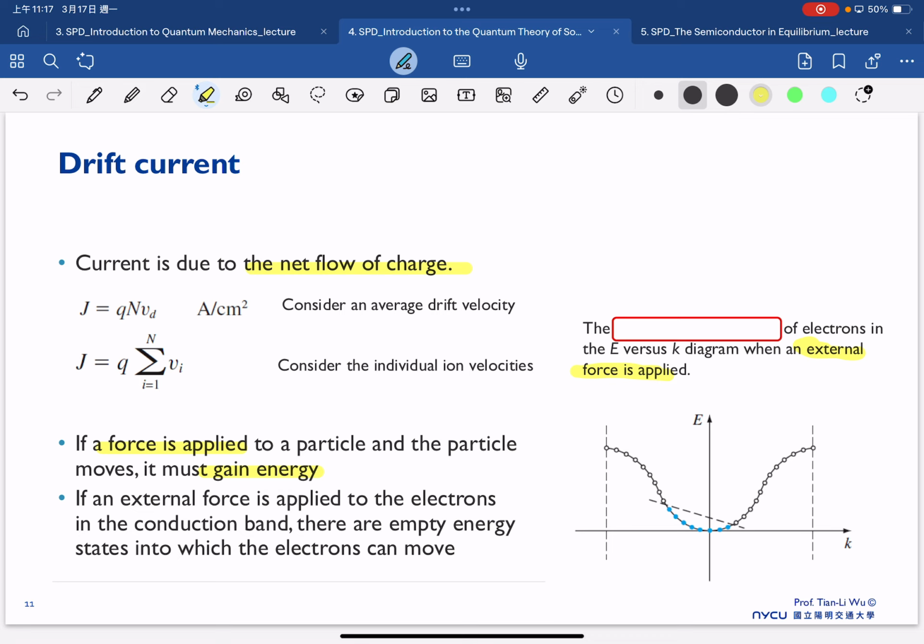Once you have the external force applied, you actually destroy the equilibrium case. You certainly will influence the distribution, and also the empty states here. Therefore, usually you will get this asymmetric distribution.